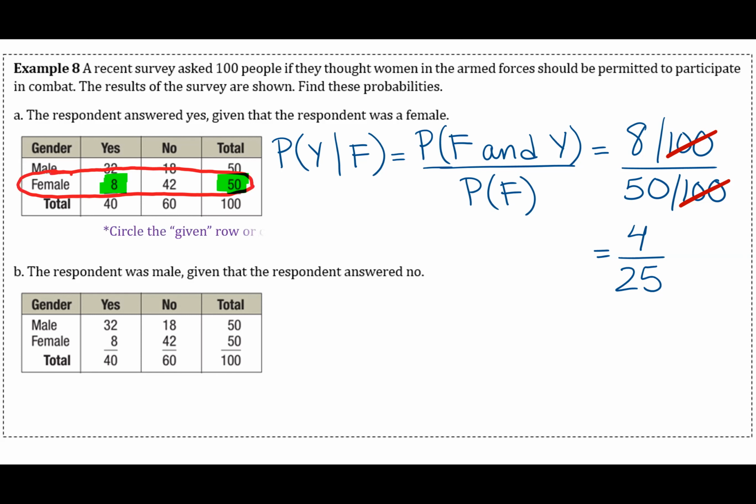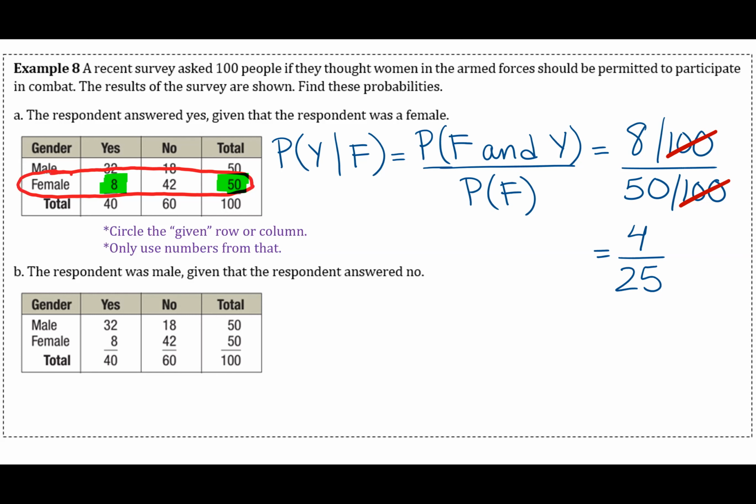I'm going to circle that female row, and I'm only allowed to use numbers from that row, because that's my given part. Now, what's the probability that the person answered yes? There's 8 that answered yes out of the total for that row, which was 50. Either way, you're getting 8 out of 50 and reducing that to 4 over 25.